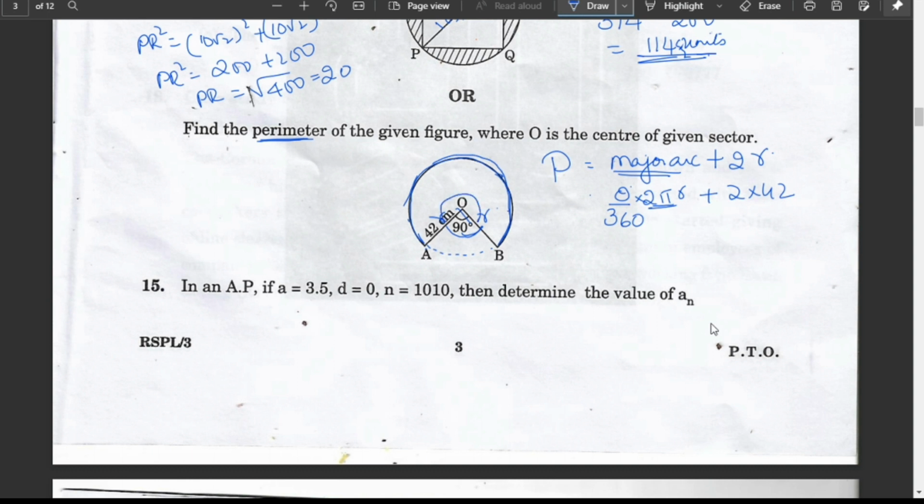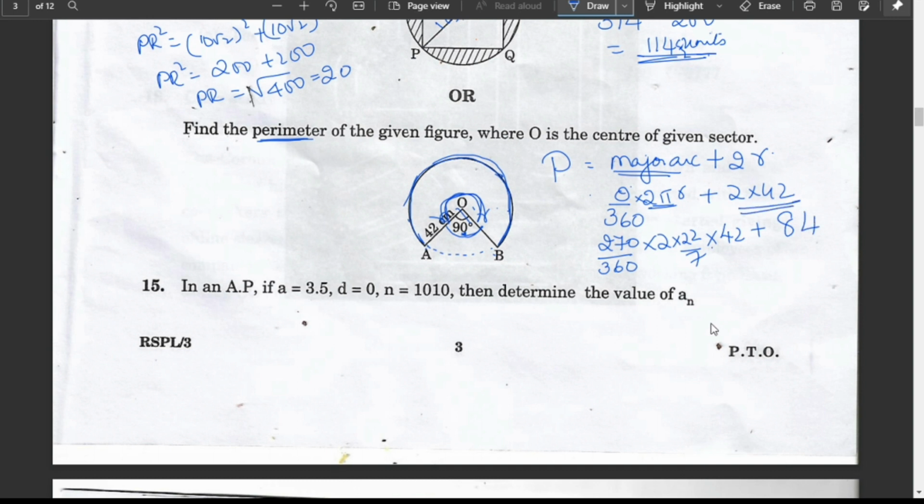So what will be this angle here? The reflex of 90 degree AOB, 360 minus 90, 270. So 270 divided by 360 into 2 into 22 by 7, r here is 42. So this here is 84.